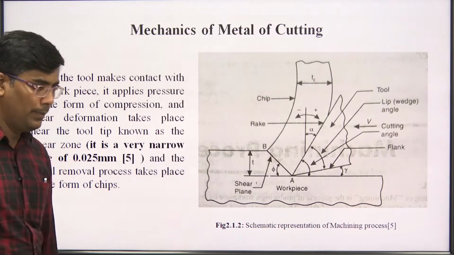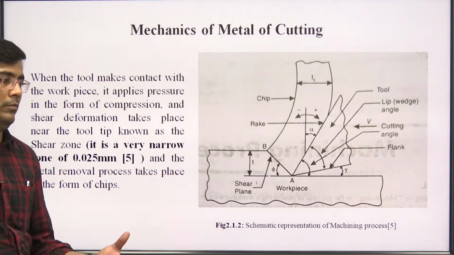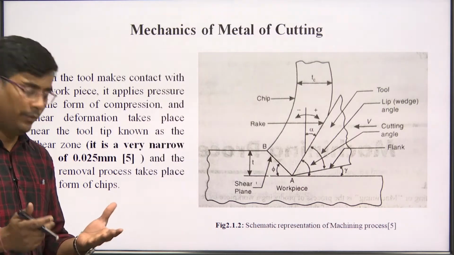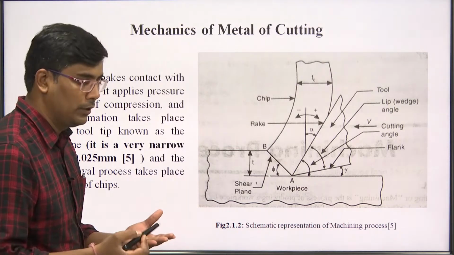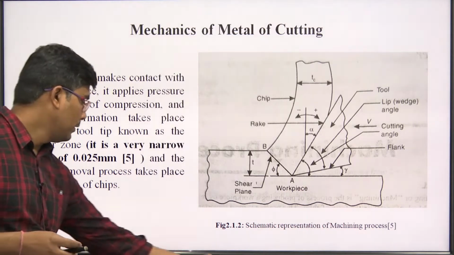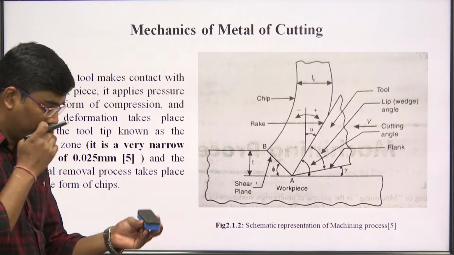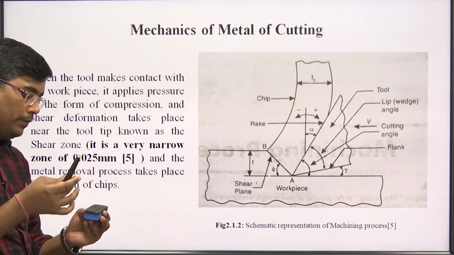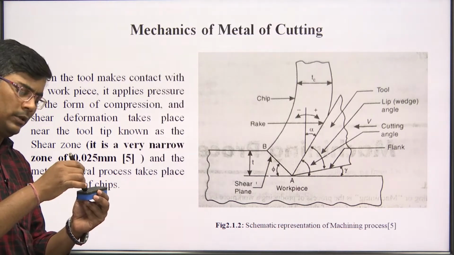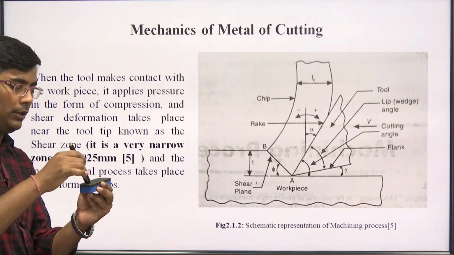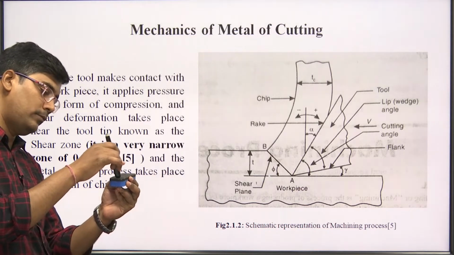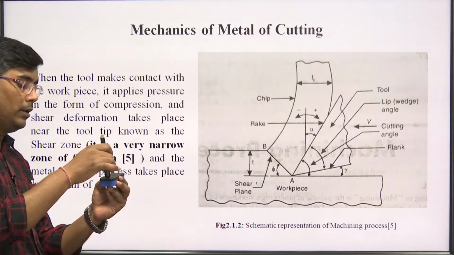When we apply the cutting force, generally when we apply the pressure by the help of the tool on the workpiece, for example, you can assume that this is a workpiece and this is our tool. If the tool makes contact with this workpiece, then certainly it applies pressure at the point of contact, or you can say at the tip of the tool. So, that creates a compression.